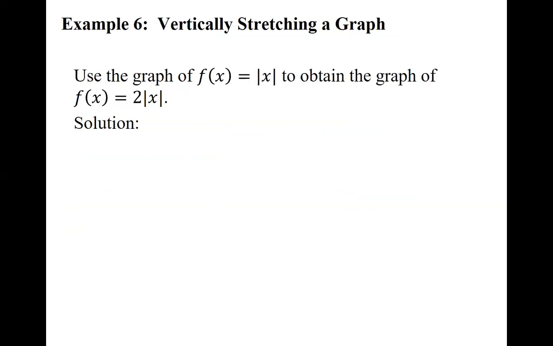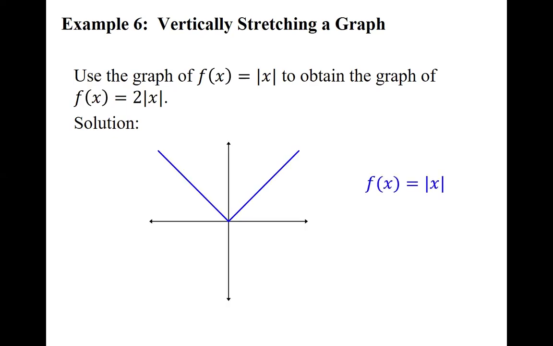So let's use the graph of f of x equals absolute value of x to obtain the graph of f of x equals 2 times the absolute value of x. 2 is greater than 1. Therefore, this is a vertical stretch. Every function output for each value of x is going to be multiplied by 2.